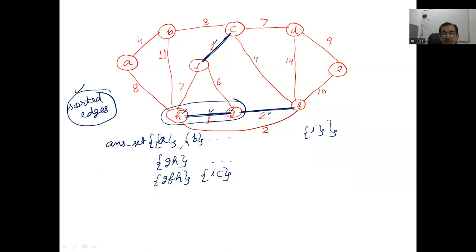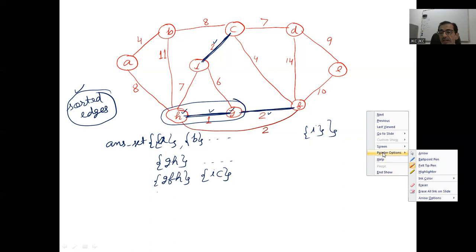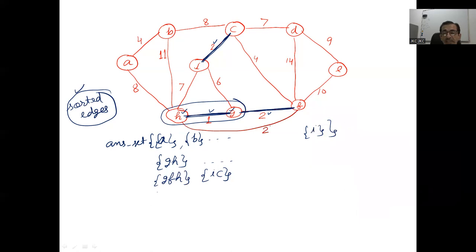Next time, when I have GFH and I'm trying to have another edge to be added, the situation will come, and let me put the color also correctly so that I can discuss again. So now I say this is the next least weight edge, but it is connecting H and F. H and F are in the same component.